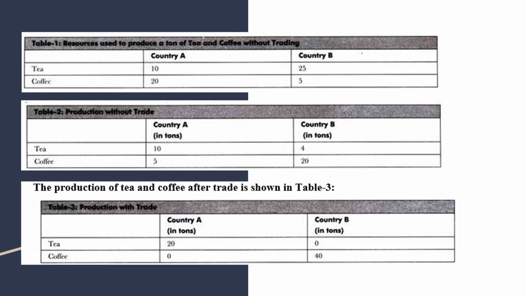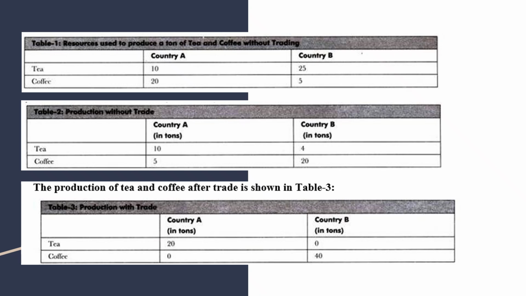So with employing 10 labors for producing 1 unit of tea, the country A can produce 10 tons of tea at the end, whereas the country B can give only 4 tons of tea.